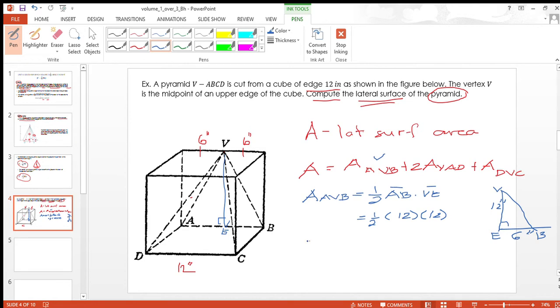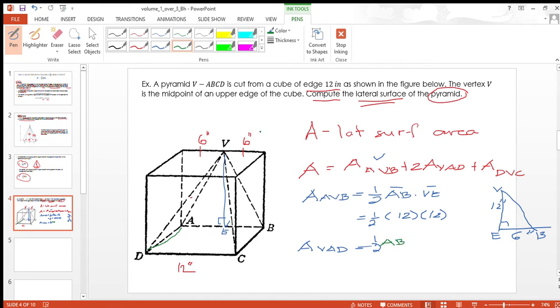Next, how about triangle VAD? What will be the area of triangle VAD? Okay, so that will be 1/2. We can take AD as the base here. 1/2 base AD.